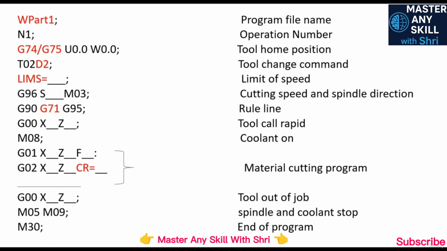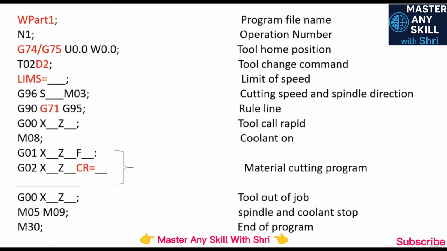So I will revise the differences once again. Firstly, you can give any name to your program in the Siemens control panel. For tool referencing, we use the G74 or G75 code instead of the G28 code. In Fanuc, we use T0202, but in Siemens, we use T02D2.